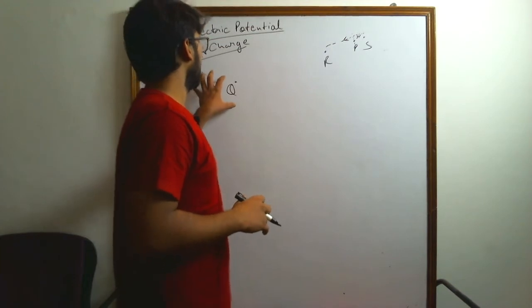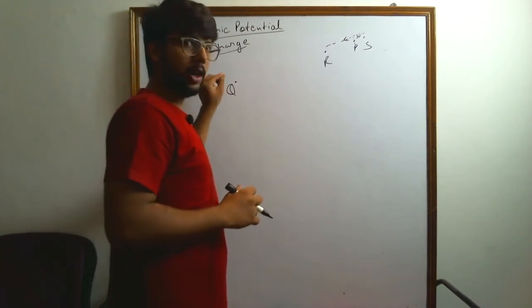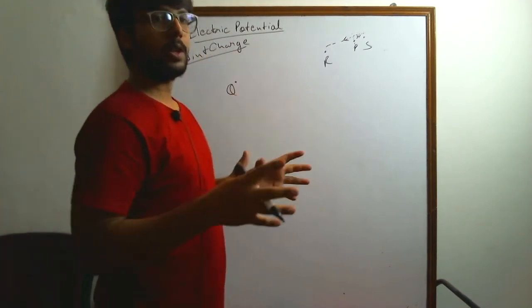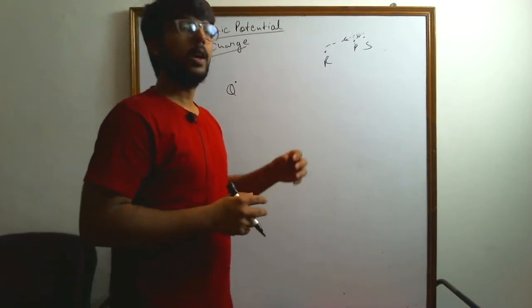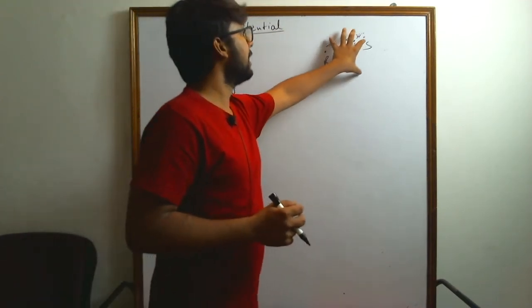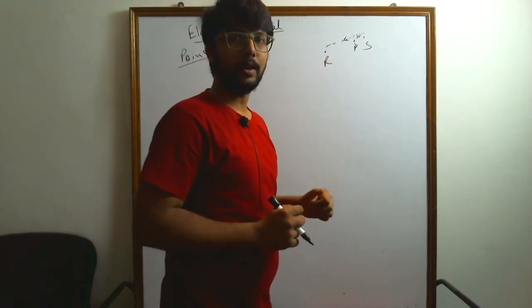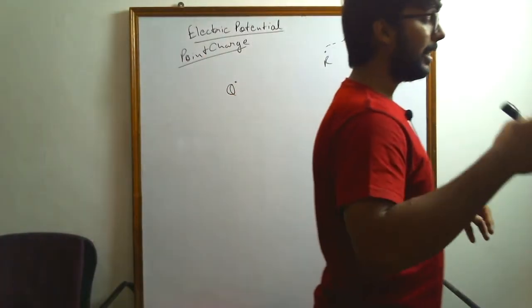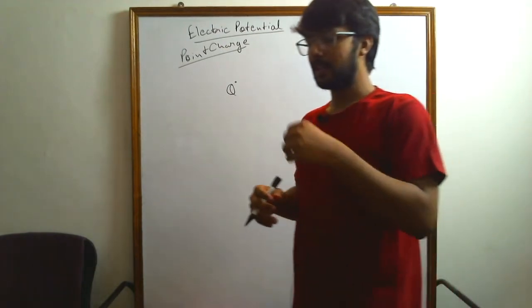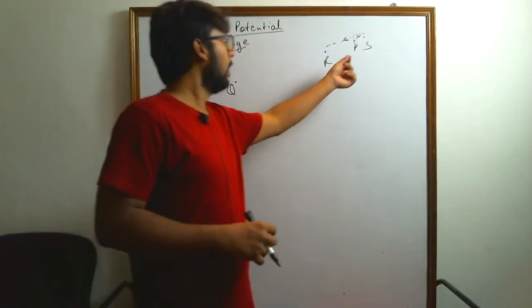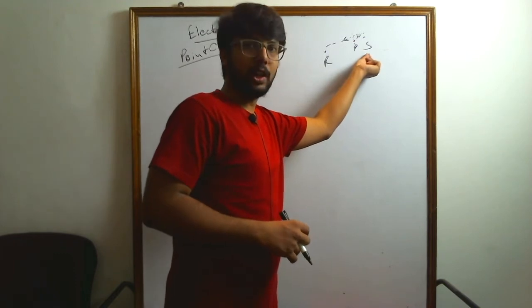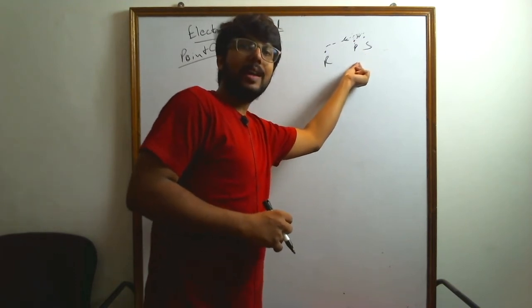What am I doing? I've said that this is my charge, the source charge which is creating the electric field, and I'm bringing my test charge from a position of S to a position of R. When I'm bringing it from S to R, I have to take that charge and bring it very slowly.